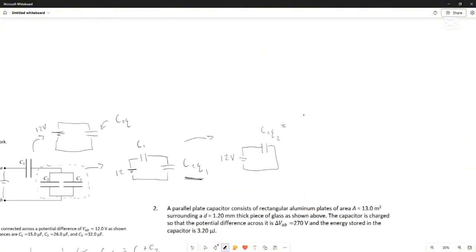And so 1 over C equivalent 2 is 1 over C1 plus 1 over C2 plus C3, where C2 plus C3 is just our C equivalent 1. We can get a common denominator here and add them, and you get C1 plus C2 plus C3 over C1 times C2 plus C3.